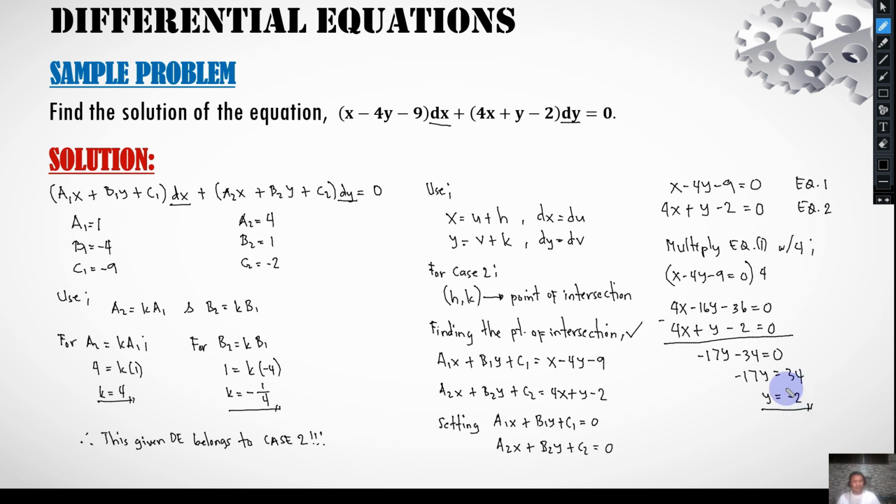So, finding, no, our x, no, since we already have y. So, you can use either, no, of the two, but gamitin na lang natin yung equation 1. From equation 1, substitute, no?